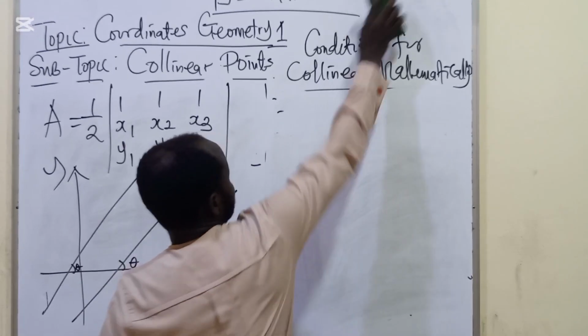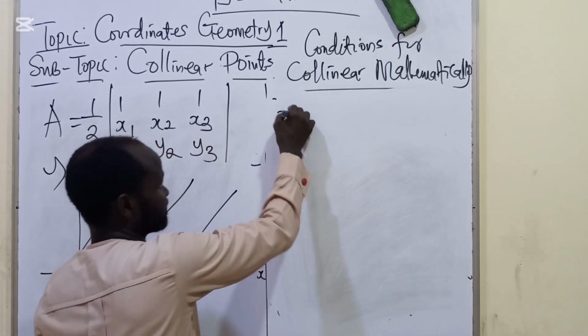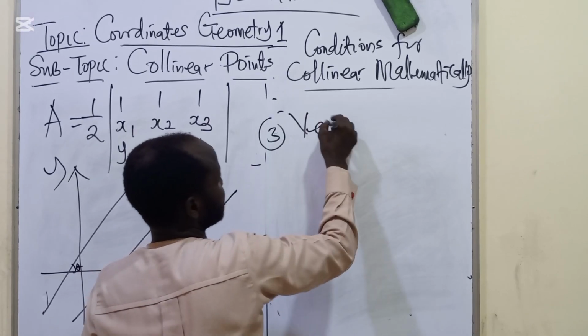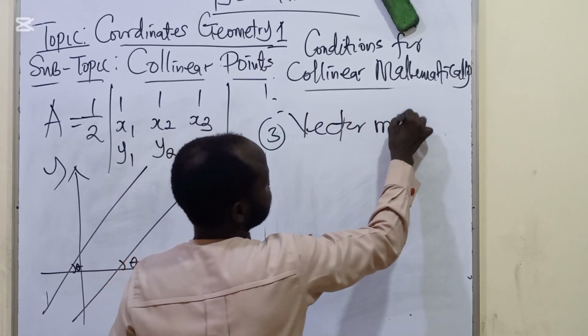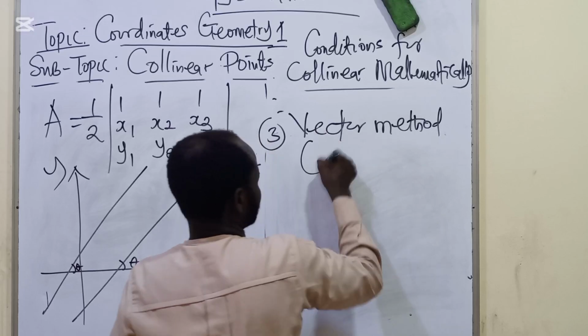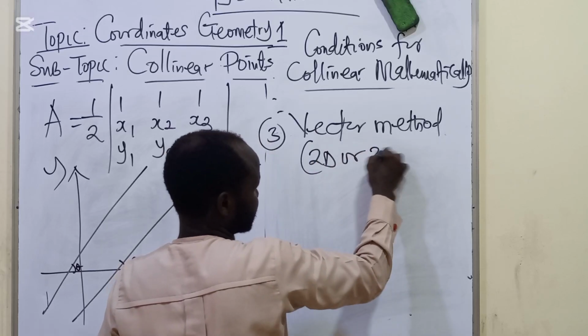That vectors will be in 3 dimensions or 2 dimensions. So the vector method, that's number 3, either 2D or 3-dimensional vectors.